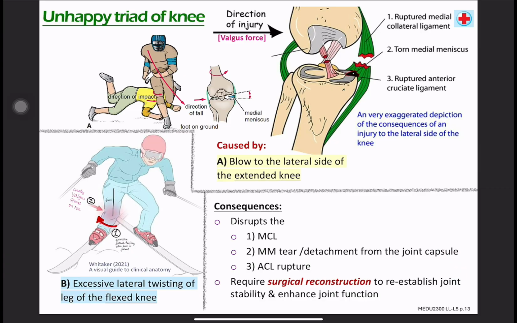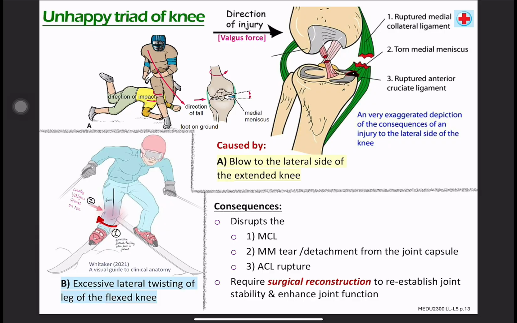The knee experiences these dangerous lateral twisting forces. Or you can imagine the foot is fixed on the ground while the upper leg continues to rotate, creating a shearing force across all three of these vulnerable structures. Patients with an unhappy triad typically require surgical reconstruction to re-establish joint stability and enhance function, regardless of which mechanism caused the injury.